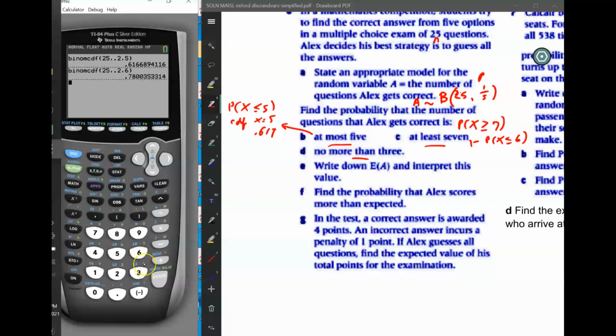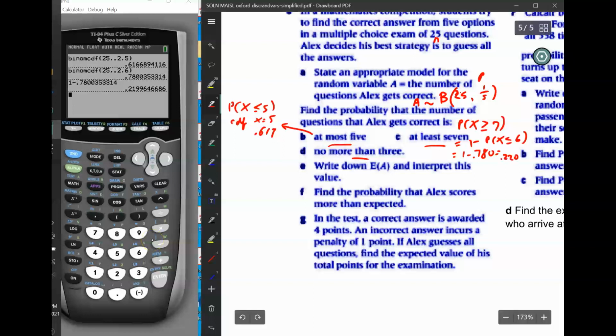So the answer for 6 is 0.780, so it'd be 1 minus 0.780, which is equal to 0.220. Okay, so that was the answer for at least 7.